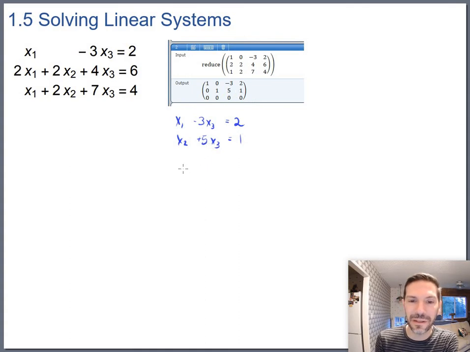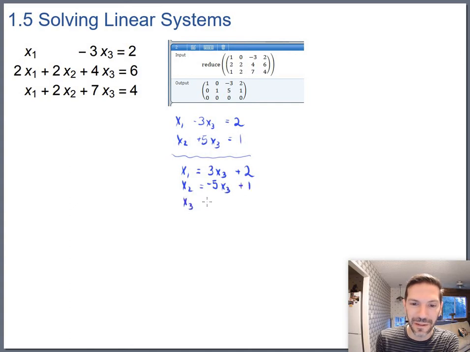And of course we like to have those in a little bit better solution set form. So let's write x1 equals 3x3 plus 2, and x2 equals negative 5x3 plus 1, and x3 just equals x3.